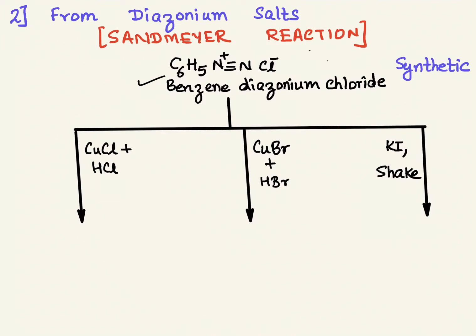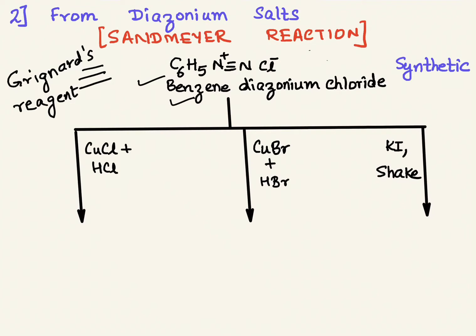Just like you can prepare a large number of aliphatic compounds from Grignard's reagent, so you can consider them equivalent to the Grignard's reagent of the aliphatic compounds. I am not saying that they are the same, but we are drawing a parallel.